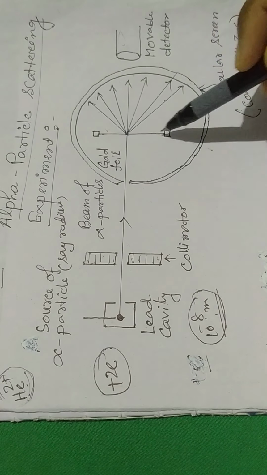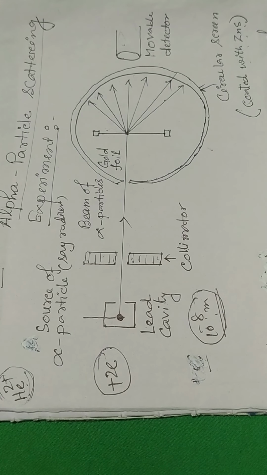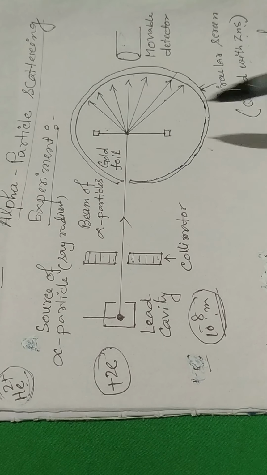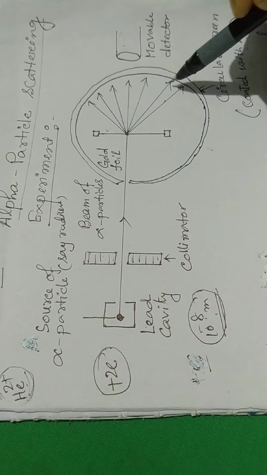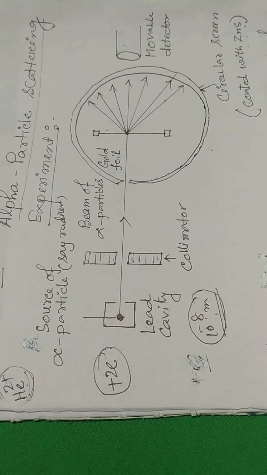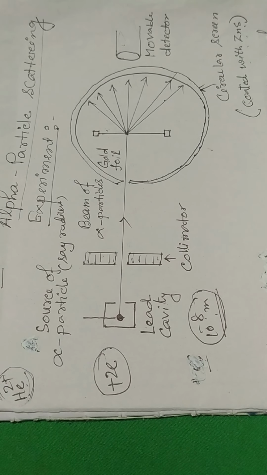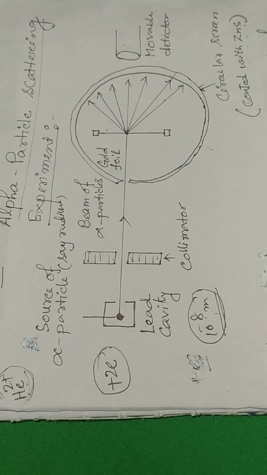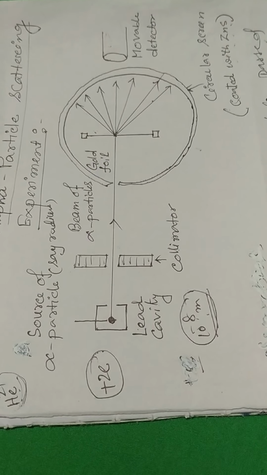Alpha particles scattered in different directions were observed with the help of a movable detector. When alpha particles scattered by the thin gold foil fall on the screen, short light flashes called scintillations are produced.